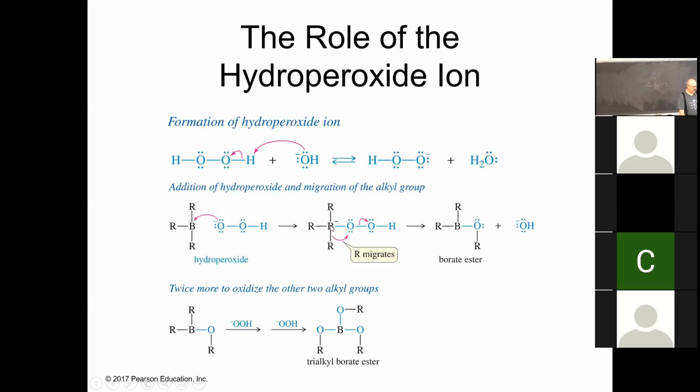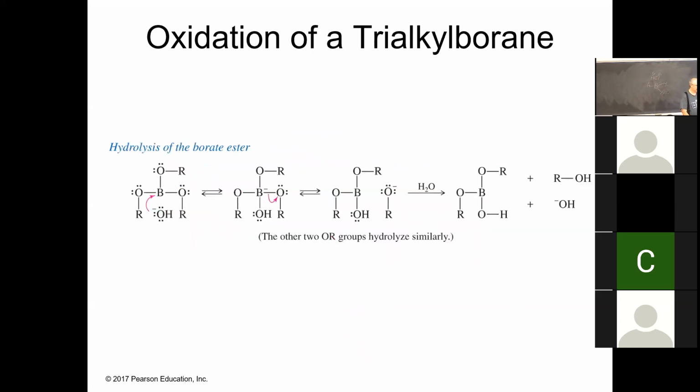One of the alkyl groups, one of the R groups, migrates onto the oxygen, which gives us what's called a borate ester. And this happens 2 more times. We have a trialkyl borate ester. And then OH comes in and it displaces the OR groups.